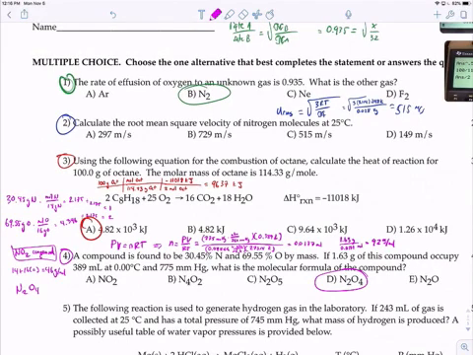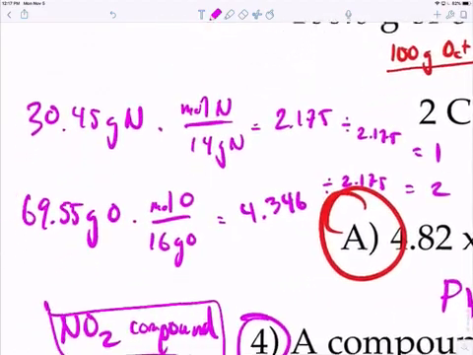I jumbled up all the stuff. A compound is found to be 30.45% nitrogen and 69.55% oxygen by mass. If 1.63 grams of this compound occupies this volume, what's the molecular formula of the compound? The first thing we have to do is figure out the ratio of the atoms.